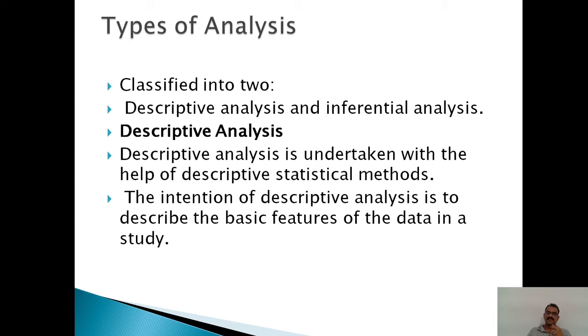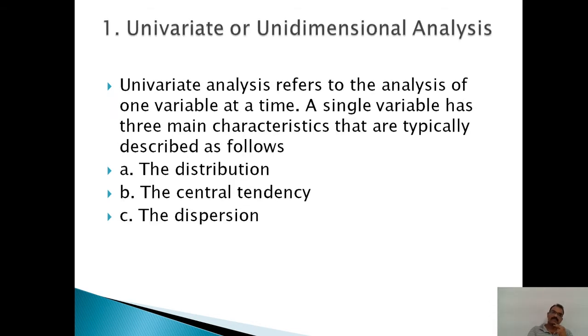So we have discussed what descriptive statistical methods are. The intention of descriptive analysis is to describe the basic features of the data in a study. That is the intention of descriptive analysis, just to describe the basic features of the data in our study.